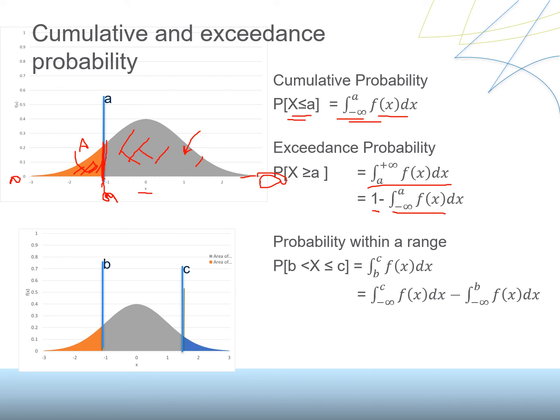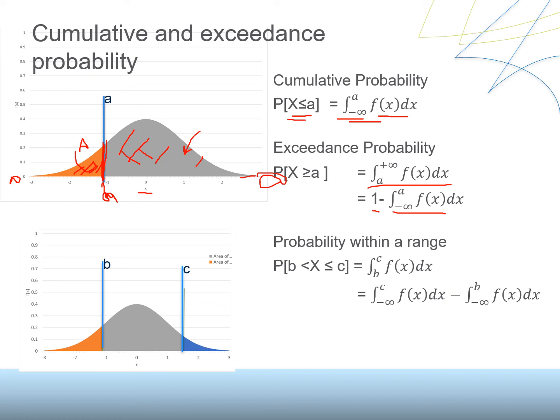So in hydrology, we want the exceedance probability. What is the probability of stream flow being more than 50 meter cube per second, or what is the probability of the gauge height being more than 7 meter, or like that? That is what we want in hydrology.